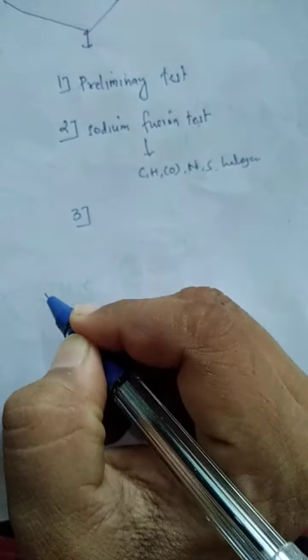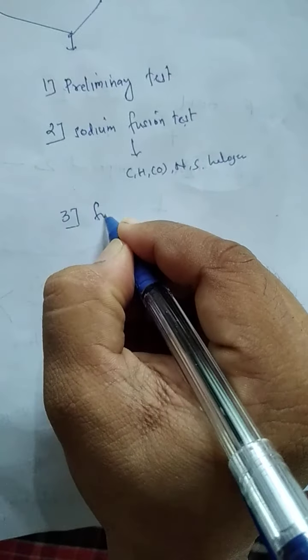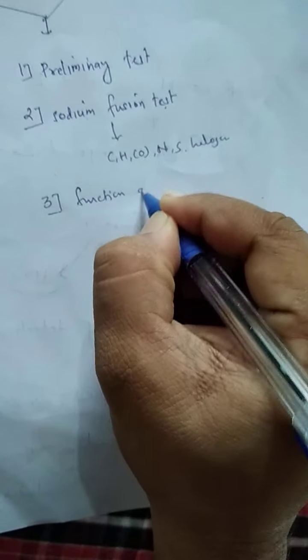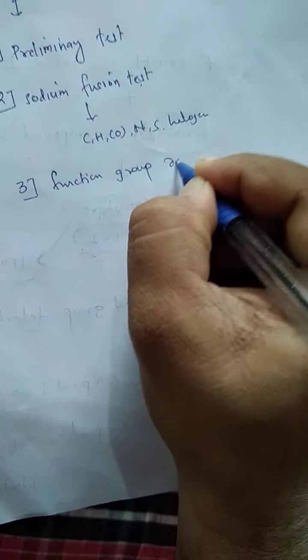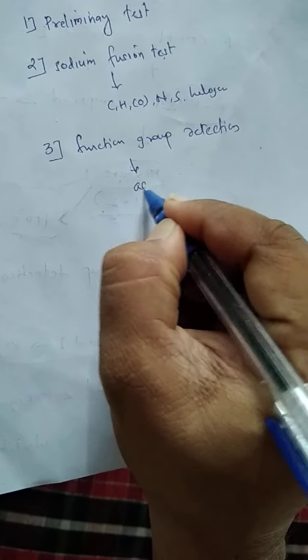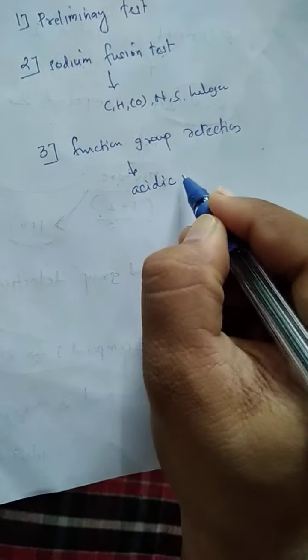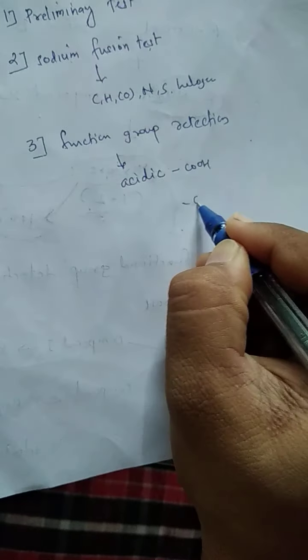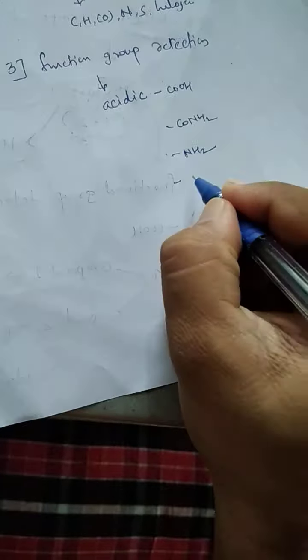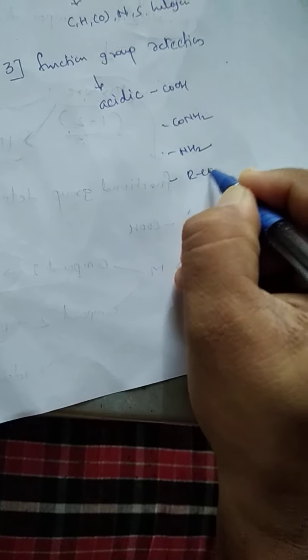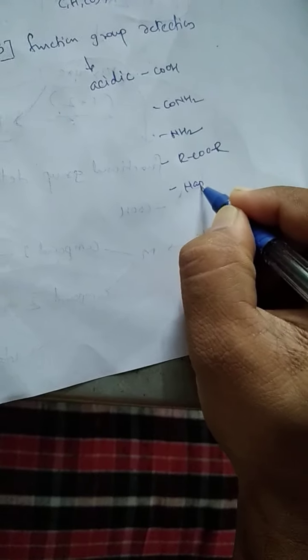Then third one, we have to go for the functional group detection. So your compound is acidic, that is the COOH group is present, amide group is present, amine group is present, ester, then naphthol, that is phenol group is present.